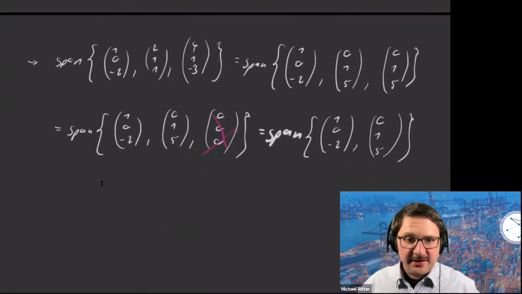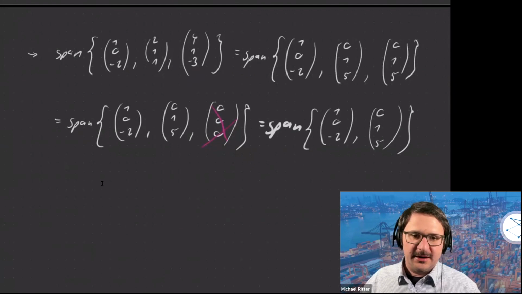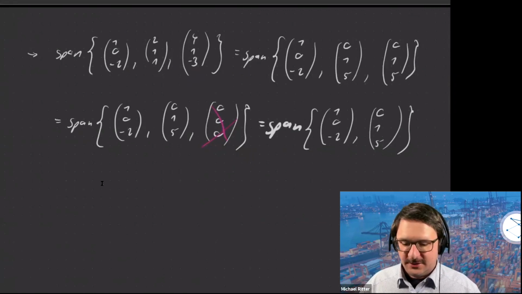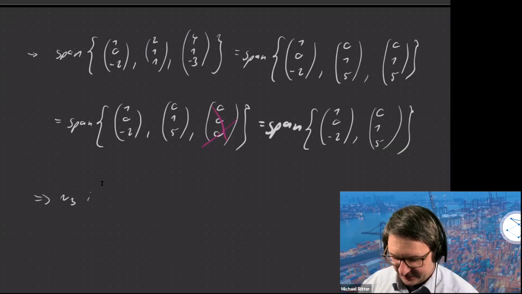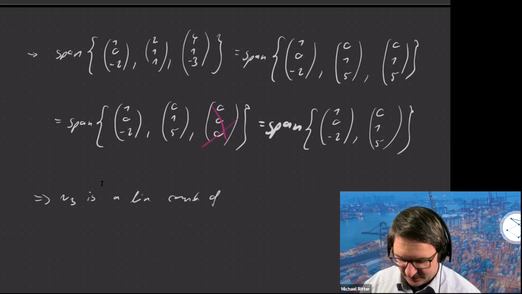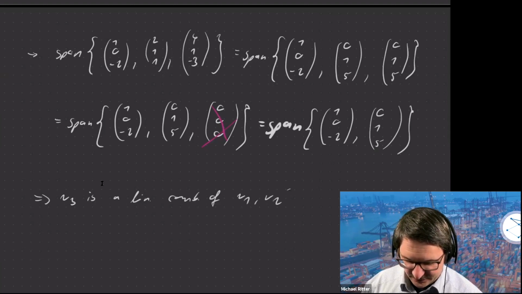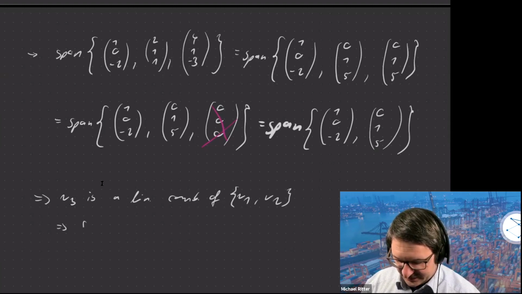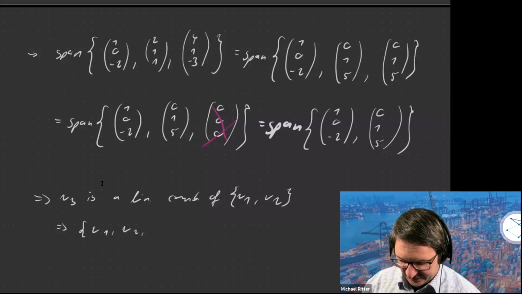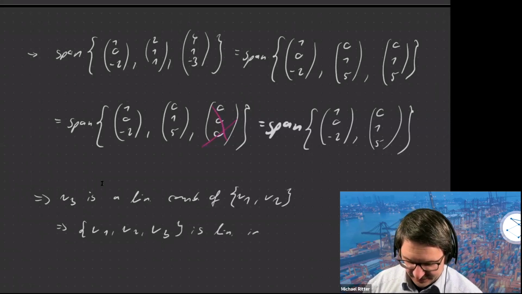Okay, so that means that last vector actually was a linear combination of the first two. So V3 is a linear combination of V1, V2. And that means that the set that contains all three vectors is linearly dependent, of course.